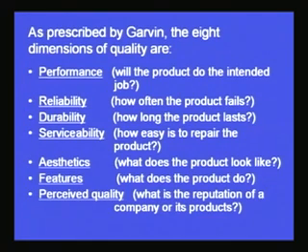Now, in this screen we sum up everything that we have discussed till now. If a product provides a very good performance, it is performing its function for which it has been designed, it is durable, it is reliable, the serviceability conditions are good, aesthetically it is very good looking, giving us a very good eye appeal, all the features are according to the customer requirements, and the perceived quality of the company which has produced this product is very good, or the customer has a very good image of the company or the product.